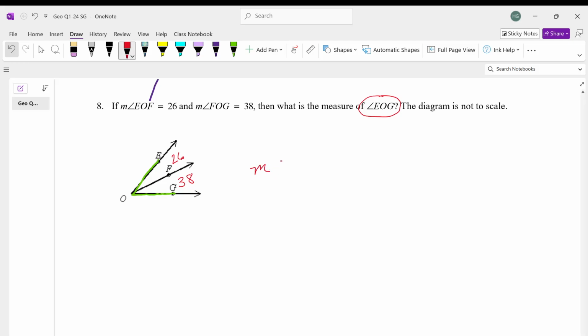The measure of angle EOG is equal to the 26 plus the 38. And that is 64 degrees. And that concludes your study guide for quiz 4 tomorrow.